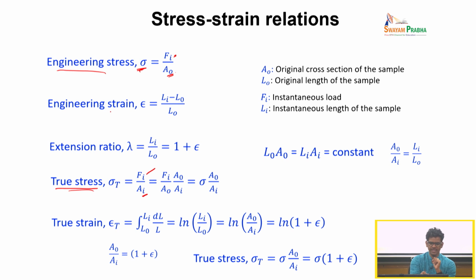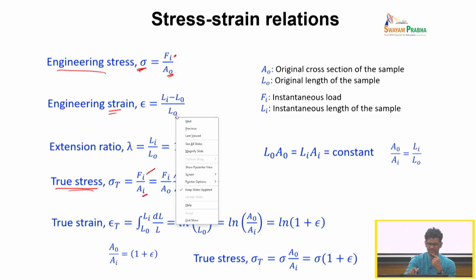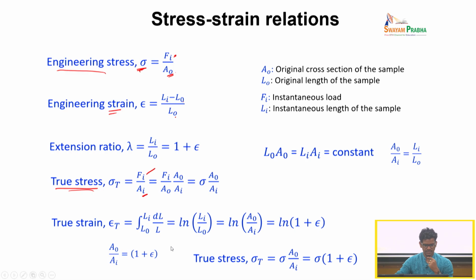Similarly, the engineering strain is defined as the instantaneous length minus the original length, divided by the original length, whereas true strain is basically the integral of dl by L. Here dl is the differential amount of length change at any point in time, and L is the instantaneous length at that time, integrated from L naught to Li.